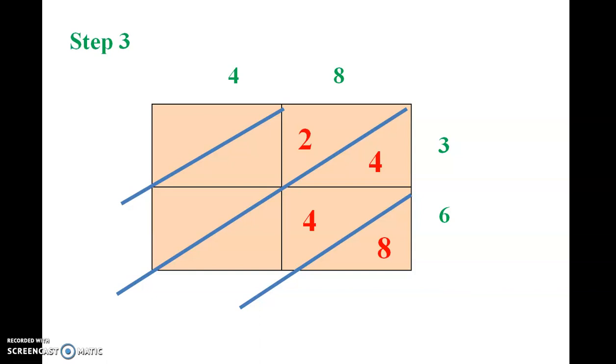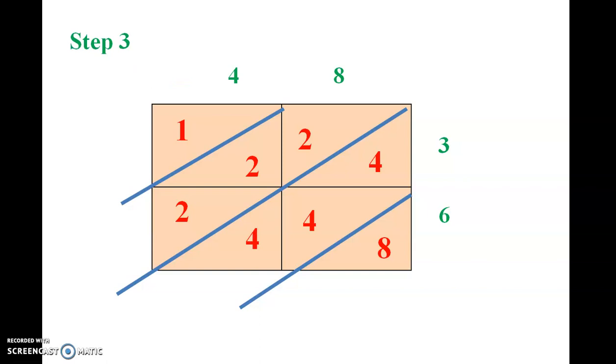Next we multiply 4 into 3 is equal to 12. Then we put the 1 at the top and the 2 at the low. Next we multiply 4 into 6 is equal to 24. We put the 2 at the top and 4 at the low.